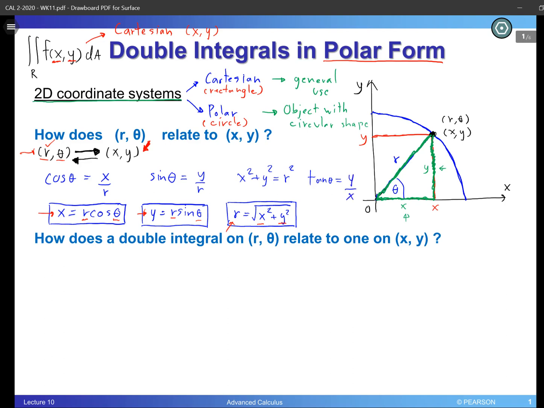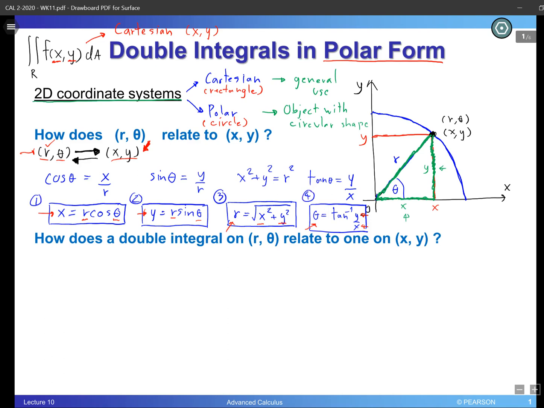So with this, I can find theta equals arctan of y over x. So there you go, the last one. If you know y and x, then you can find theta. So with x and y, you can find r and theta. This is the opposite relationship. So there you go. We have these four relations between these two coordinate systems. So keep this in mind. We are going to use this quite often in this topic.